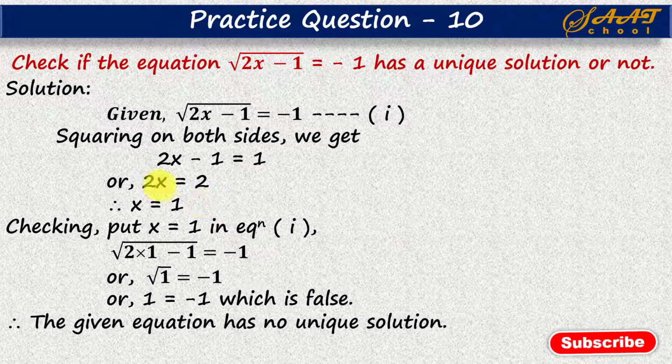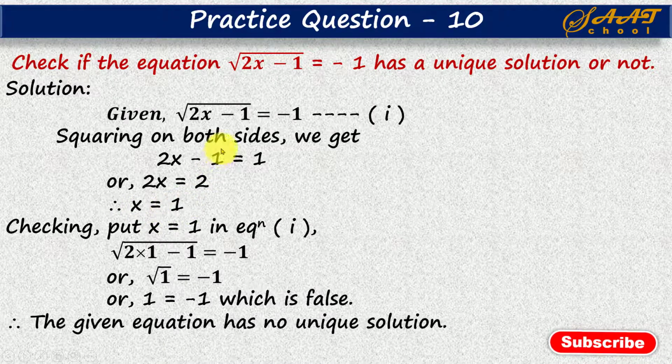Again, whatever the value of the variable, we check the variable value in the given equation. Here, put x equals 1 in this equation, and we get 1 equals minus 1, which is not true, which is false.